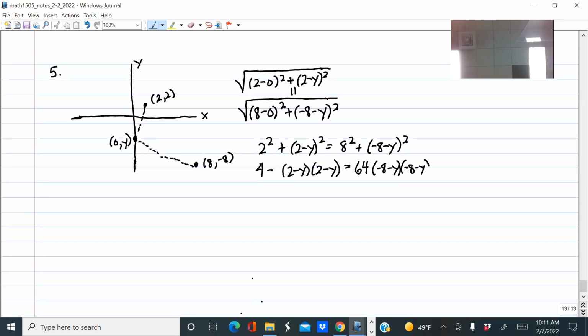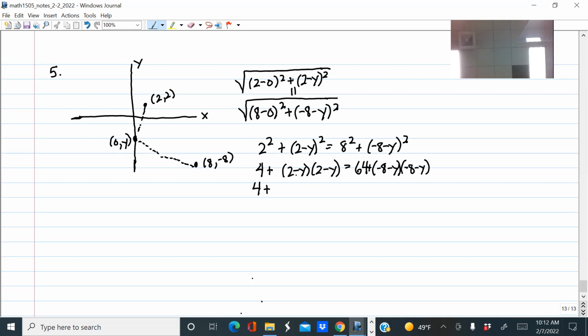This may be more steps than you need when you're doing this on paper at home, but that's fine. So we have 4 minus, and now let's see, is it 4 minus? No, it's 4 plus. I left off my plus sign here. So we have 4 plus 2 minus y times 2 minus y.